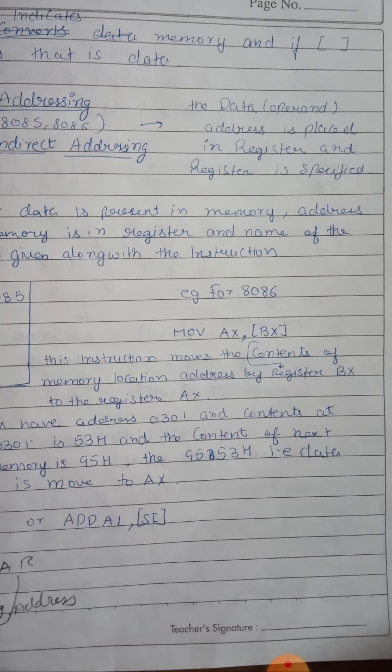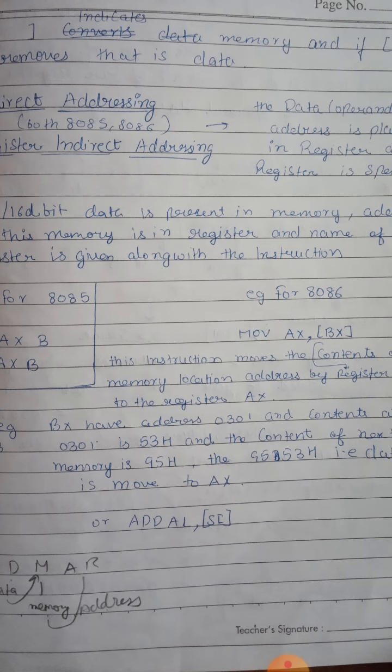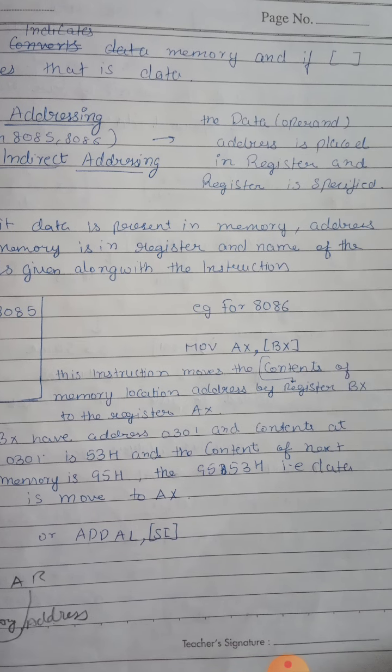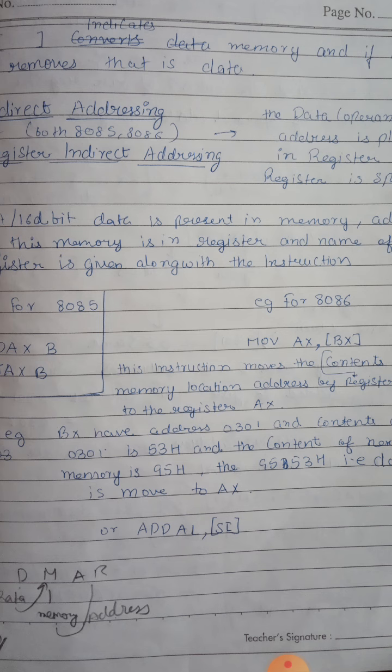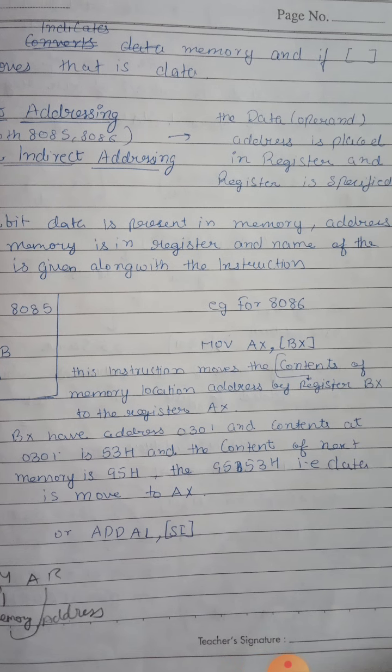For 8086, the instruction moves the contents of the memory location addressed by register BX to the register AX. For example, BX has address 0301, the content at 0301 is 53H, and the content of the next memory location is 95H. The 9553H, that is the data, is moved to AX. Another example is ADD AL, [SI]. In this specification also, brackets are placed.